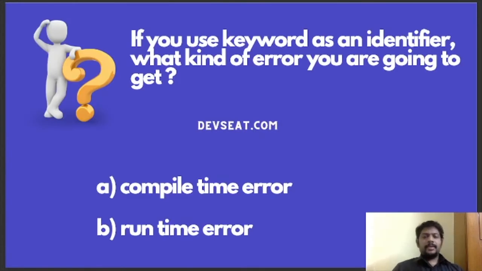It will be a compile time error, because during token generation itself, the compiler will check whether that particular named identifier is a reserved word or not. If it is a reserved word, then the compiler itself will throw the error.